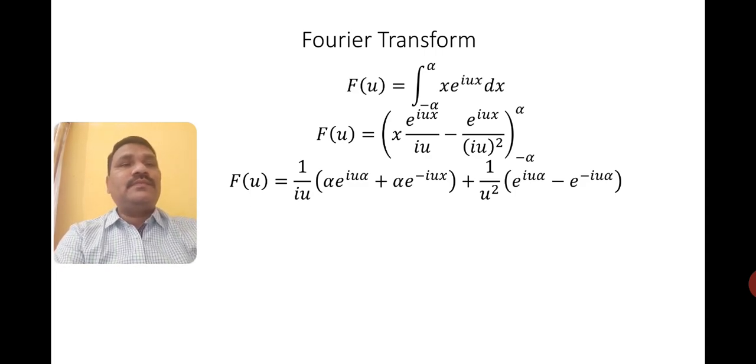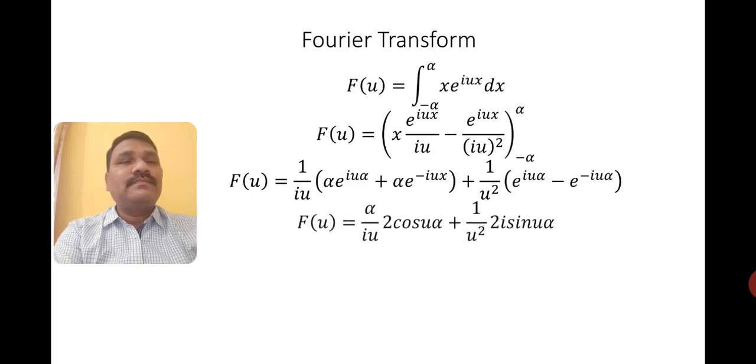Okay. One mistake has happened here: in the middle, for the lower limit, it should be minus; in the first term I wrote positive by mistake. So 1 by u square: what happened to this minus? i square is minus, so minus into minus will get plus. So 1 by u square e to the power iu alpha minus e to the power minus iu alpha.